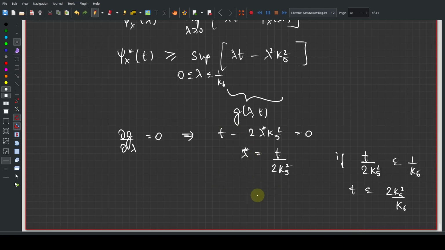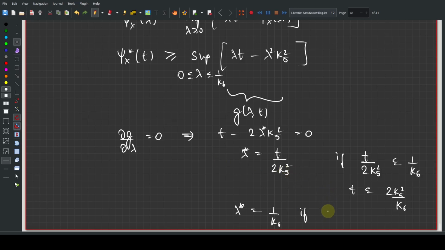Lambda star will be 1 by k6. And why is that? Because it's an increasing function in that range. Correct.